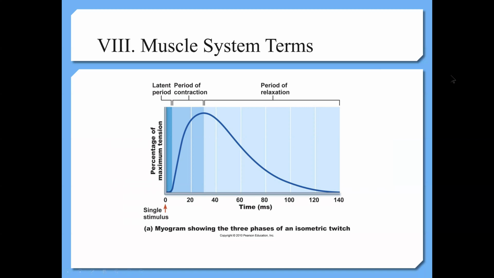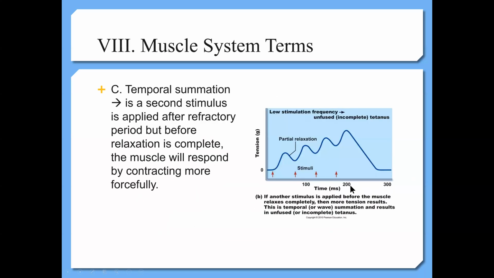But if we go into the relaxation phase, at that point we can give a second twitch and a third twitch if we want to, and we can sum those up. It's called temporal summation. Temporal means over time.